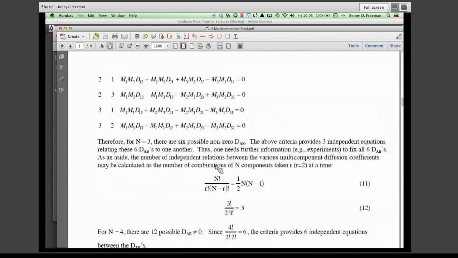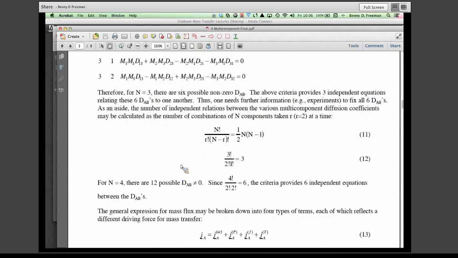And if you go to even more components, the situation becomes more complex. So if you go to a 4-component system and go through the analysis we just looked at, there are 12 possible multi-component diffusion coefficients that are not equal to 0. And the criteria above provides 6 independent equations between them.